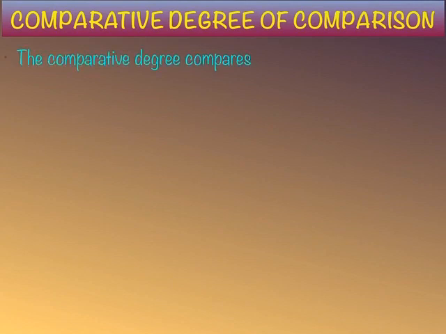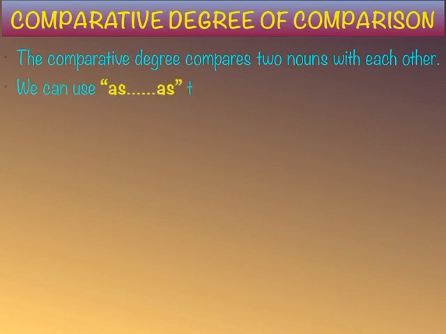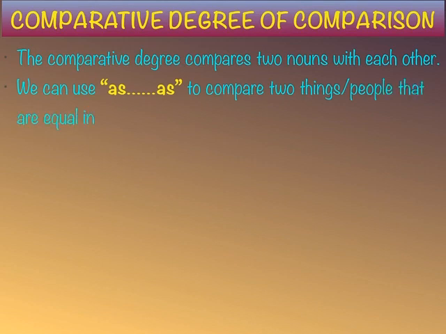Now let's see the comparative degree of comparison. The comparative degree compares two nouns with each other. So this form of adjective compares two nouns, that means two things or two persons. We can use as to compare two things or people that are equal in some way. For example, if I say Abdul is as tall as Ronak.